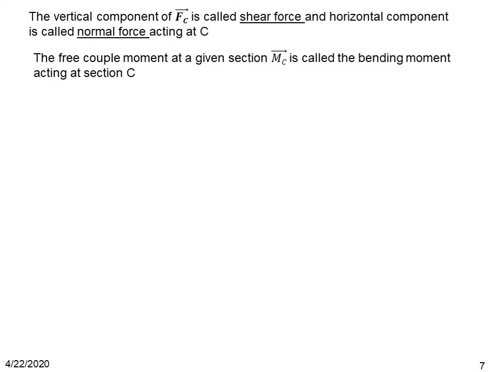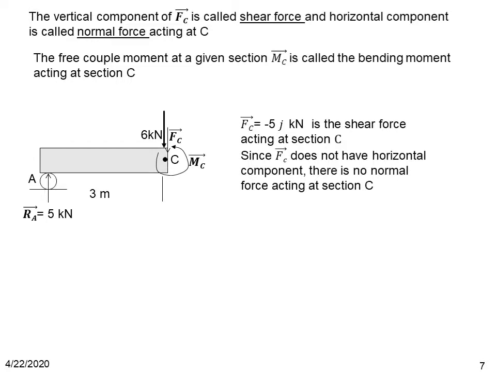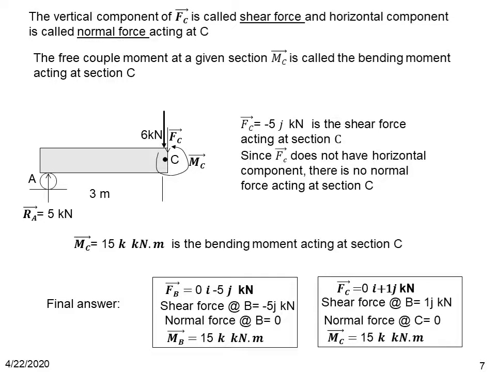Now here also the vertical component of FC is called the shear force and the horizontal component is called the normal force acting at C. Since FC has no I component, this force is a shear force, and there is no normal component at C. The bending moment is 15 kilonewton meter.